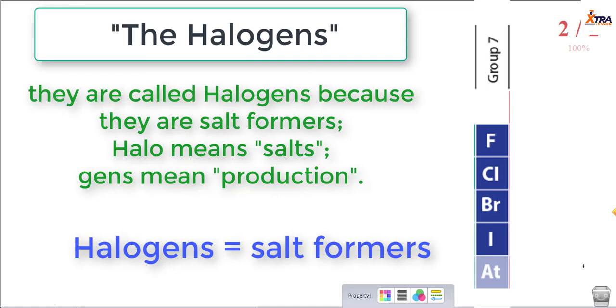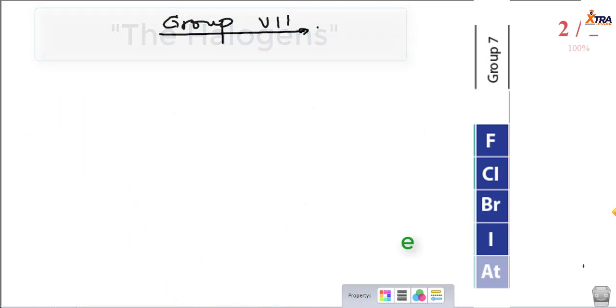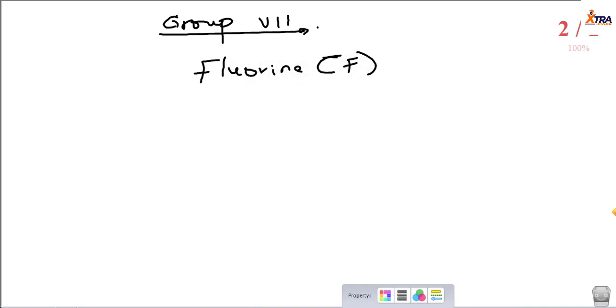Now, we established that apart from fluorine, which we mentioned as the first member of this group, what other members belong to group 7? What elements do you find in the 7th column of the periodic table? Now, these elements start from fluorine, like we said. Fluorine is F. Then we have chlorine.